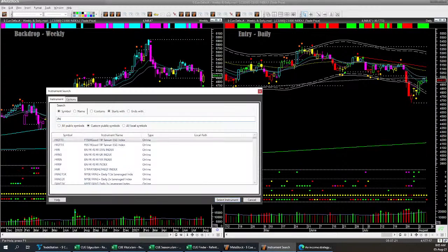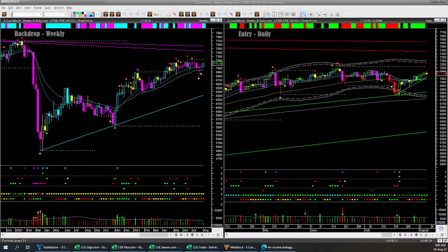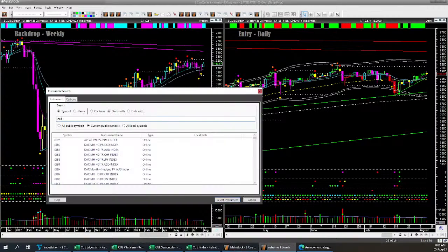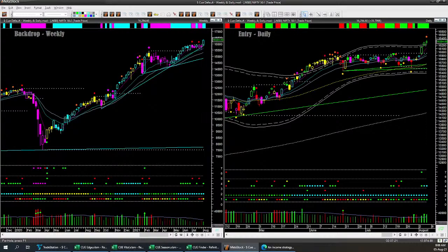UK's FTSE index. This is continuing to move sideways. And lastly, India's Nifty 50. Very much similar to Australia.